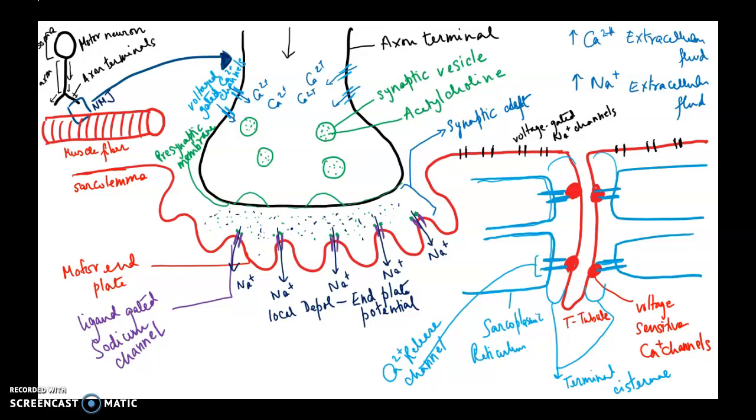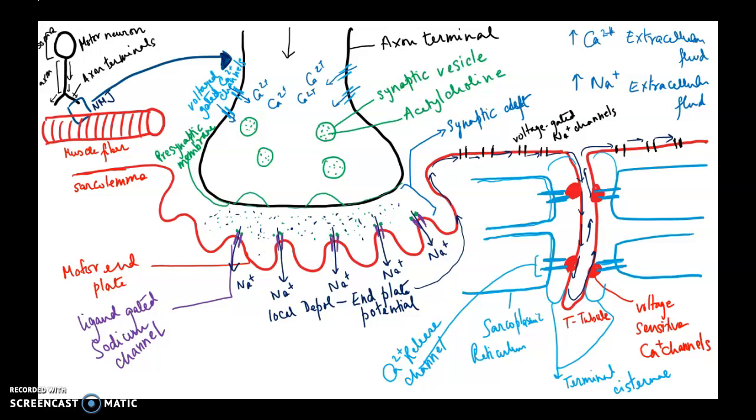If the end plate potential is strong enough, that generates an action potential. So the end plate potential will generate an action potential, and the action potential will sweep all across the sarcolemma down the T-tubules. It'll go like this, the action potential, like this. So it'll sweep across the sarcolemma down the T-tubules.